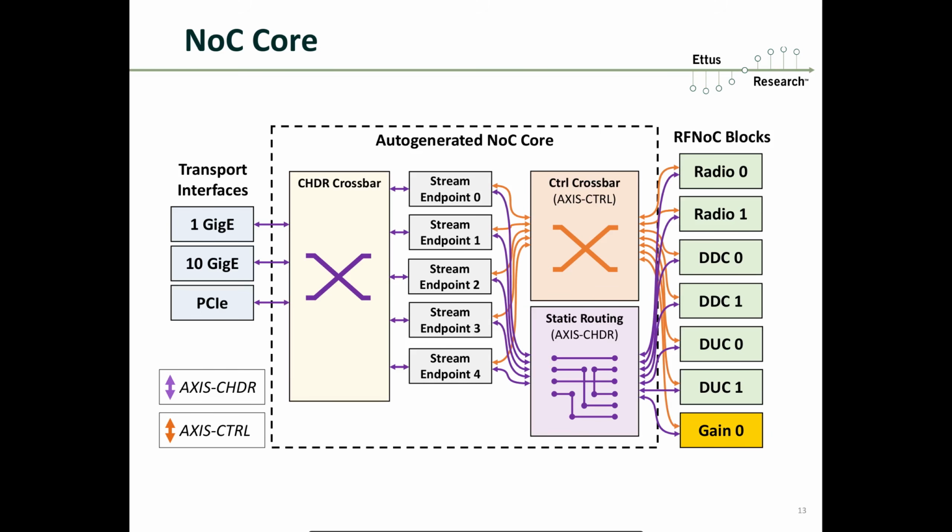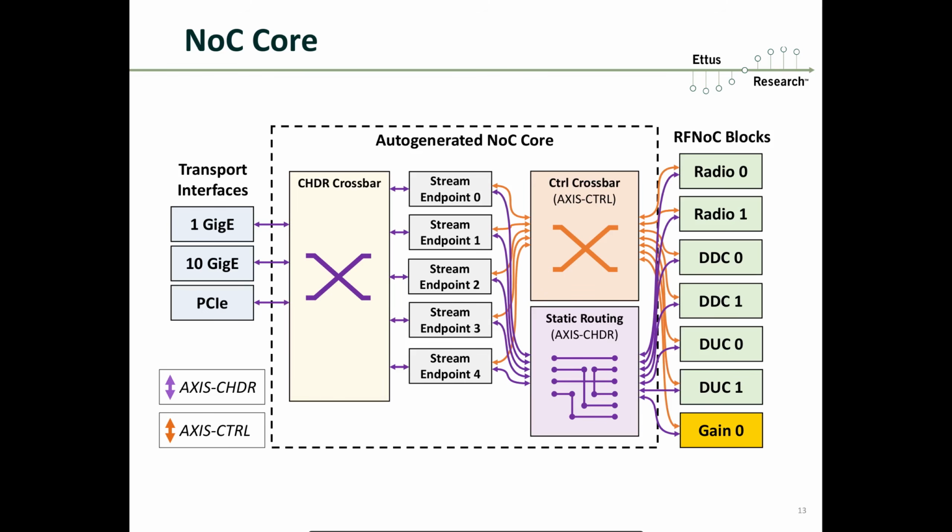The control crossbar is another new concept for RFNoC 4. Control packets go into the control crossbar, and it's also another fully connected crossbar, but the difference here is that it's efficiently implemented.